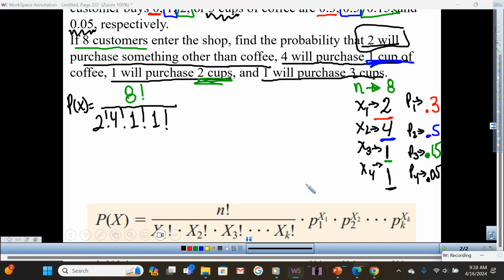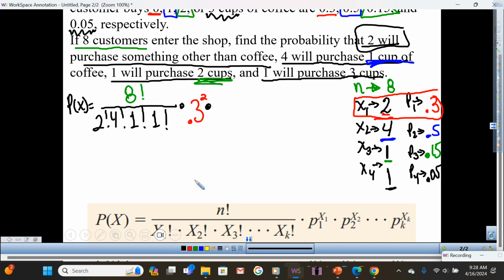Times, what's our first P? 0.3 to the second power.